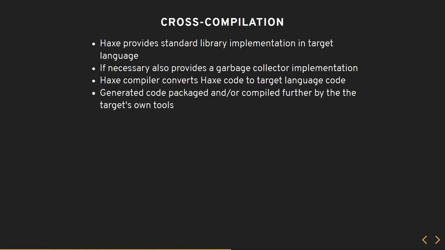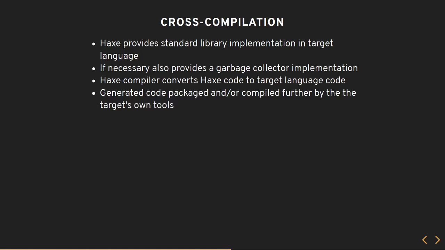All right, so finally we get to cross-compilation. What it means is that when you compile your code in Haxe, it won't compile to a binary right away. It's going to compile to another language first, and then it's going to use the tools of that language and its ecosystem to produce the final result.